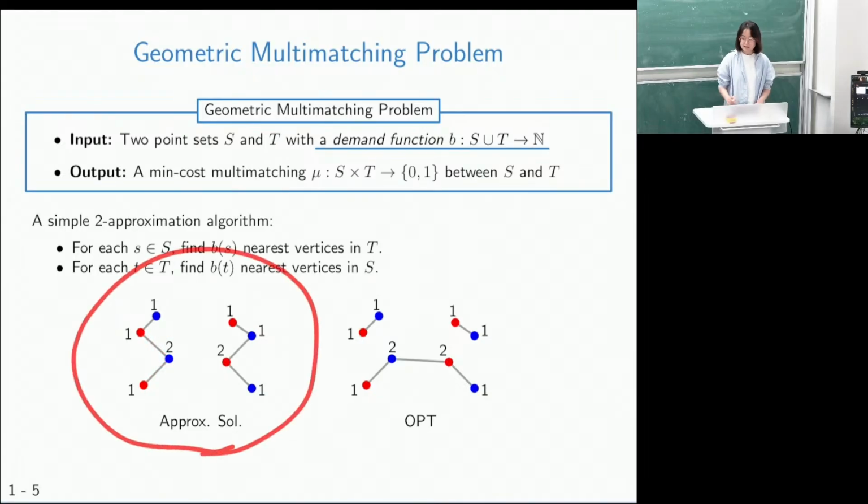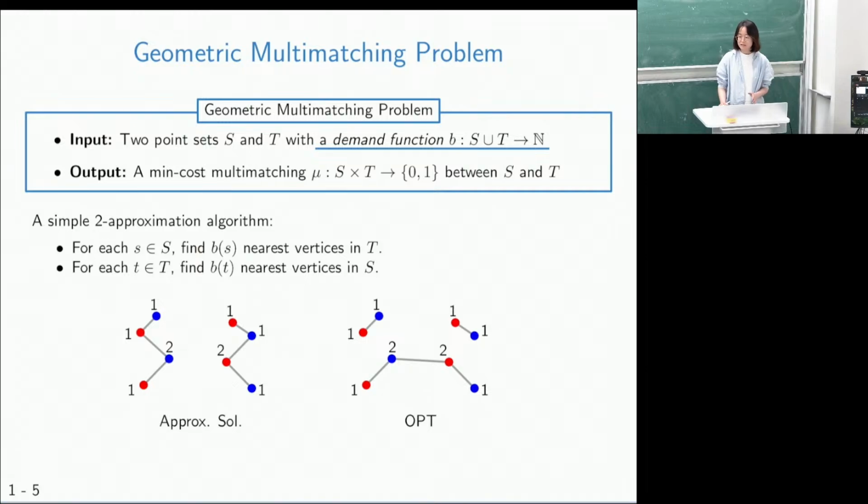Then this is clearly a feasible solution, but it is not necessarily optimal. For this instance, an optimal solution has a smaller cost.